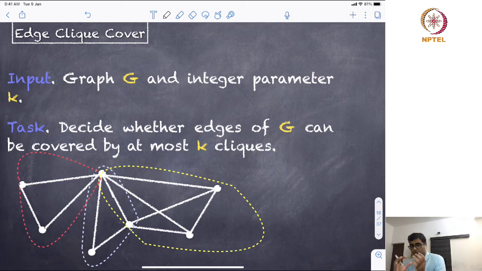So the question is, can we partition my vertex set, or not partition, that's the wrong word, can we find k cliques in my graph such that every edge participates in one of these cliques. They are not a partition of the vertex set, because look at the blue clique and yellow clique, they intersect. Red clique, blue clique and yellow clique, they all intersect. So we just want to find k cliques so that for any edge, you can find at least one clique where this edge belongs.